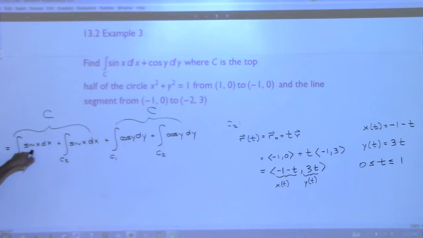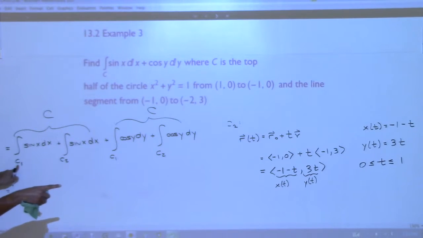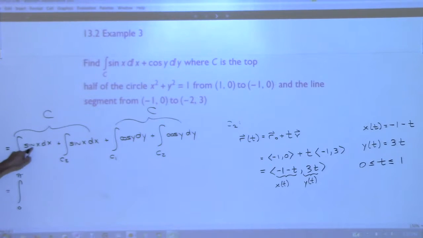Okay, so let's do this guy right here. This first one, I'm looking at C1, which I've erased, right? C1, what were my restrictions on t? 0 to pi, right? Okay, then sine of x means sine of the x is actually the parametric equation we had for x, which was cosine t, wasn't it?